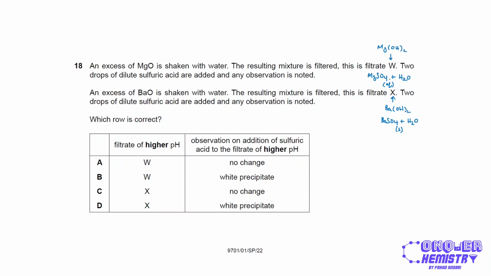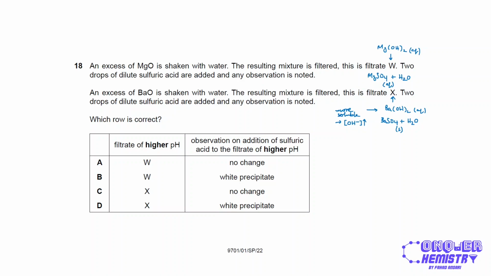So now, out of these 2 hydroxides, we know that barium hydroxide will be more soluble, right? Both of them are in aqueous solution, but because barium hydroxide is more soluble, it will dissolve more easily to give a higher concentration of hydroxide ions, and so it will have a higher pH, right?